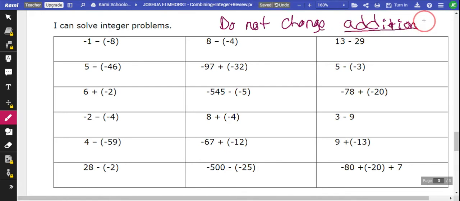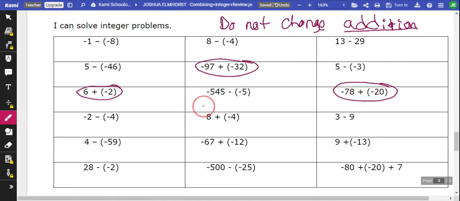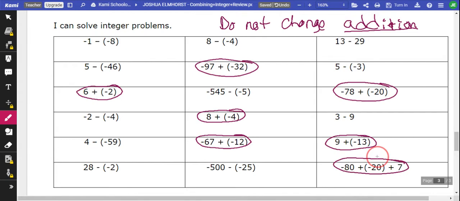So we go through here. Okay. So this one's good. This one's good. Don't change addition. Once we have addition, then we're good. That's what we want to do. Those are good. Okay. So here we go. These are all addition.